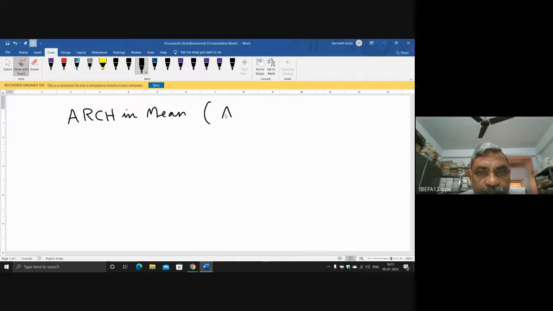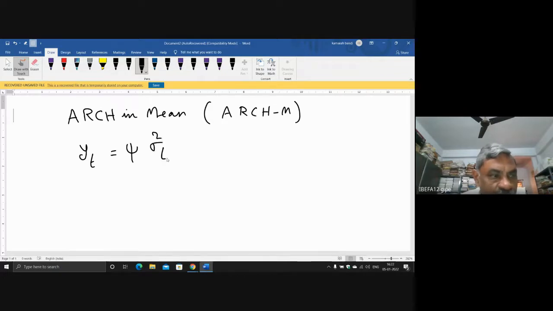Okay. So the mean equation is Yt equals some symbol psi sigma square t plus epsilon t, and sigma square t equals omega plus alpha epsilon t minus 1 square.